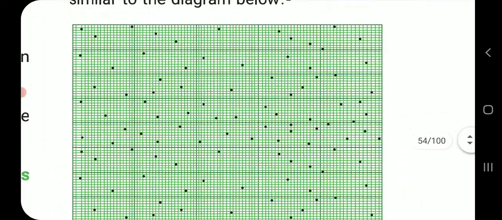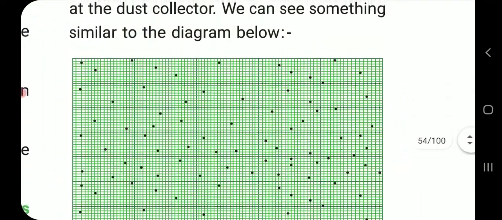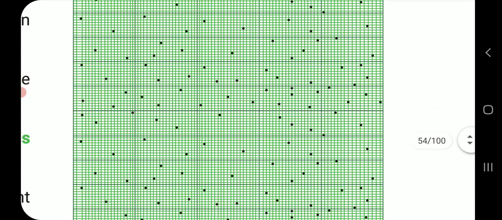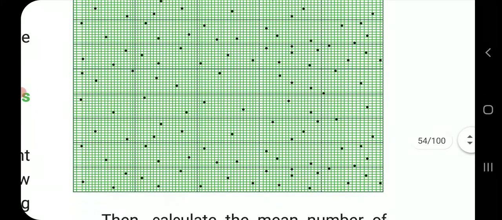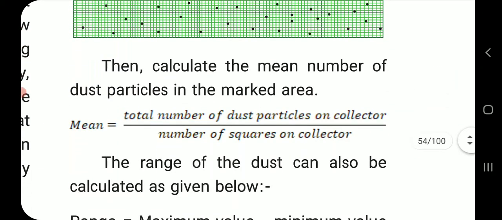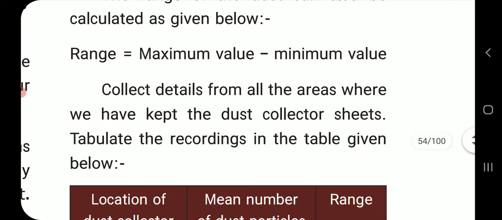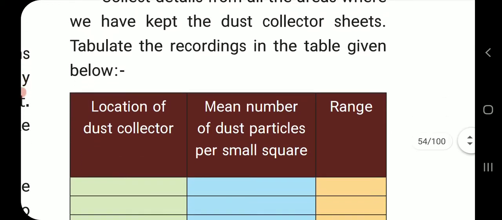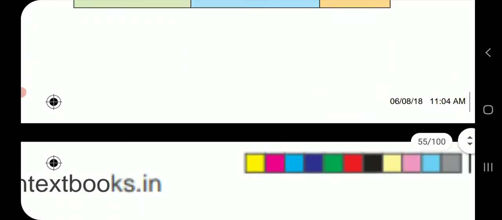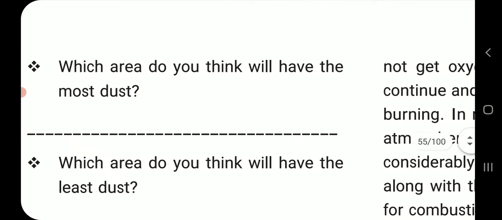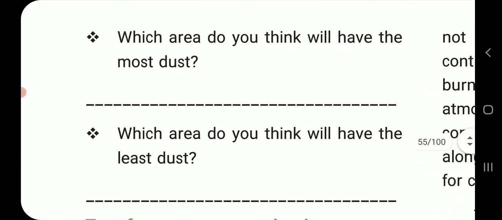The dust particles collected are seen here. Mean is equal to the total number of dust particles on the collector divided by the number of squares on the collector. That gives the mean number of particles. Thus the air contains dust particles.